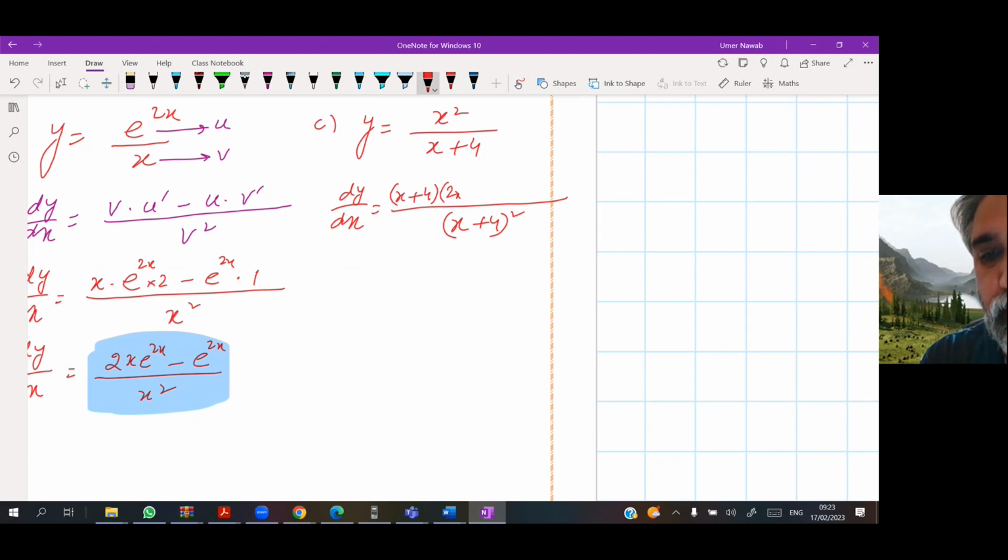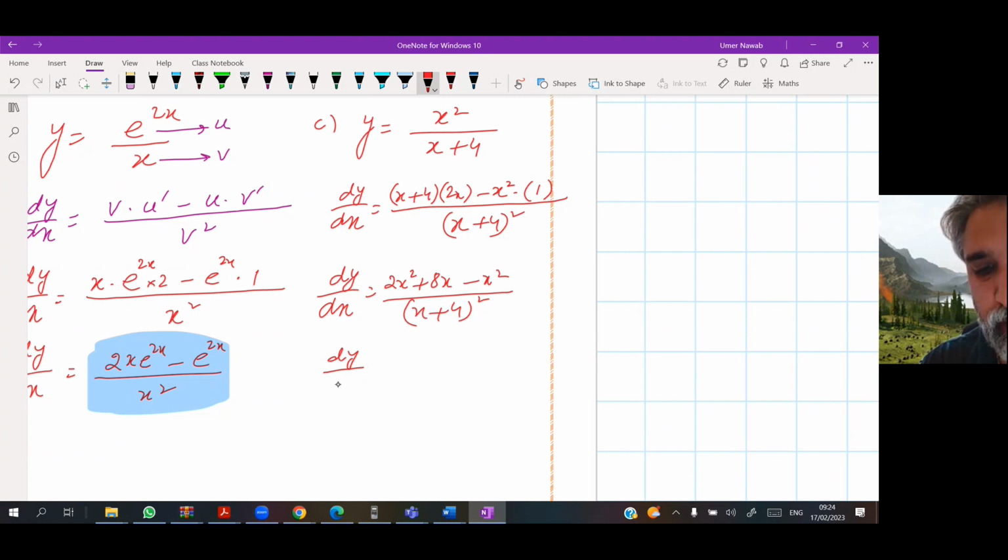The numerator's derivative is 2x, minus, the denominator's derivative is 1. So dy by dx: 2x squared plus 8x minus x squared. I opened the brackets, over (x plus 4) whole squared. And finally I got dy by dx as x squared plus 8x over (x plus 4) whole squared. That's all with my final answer.